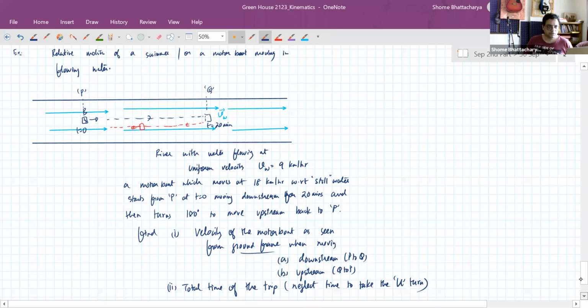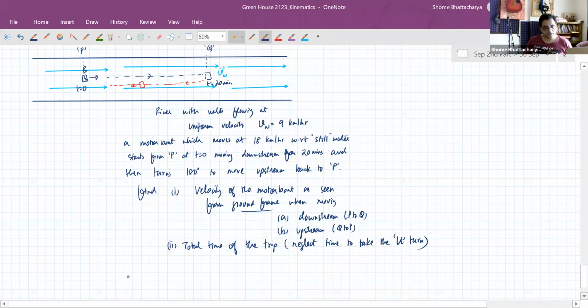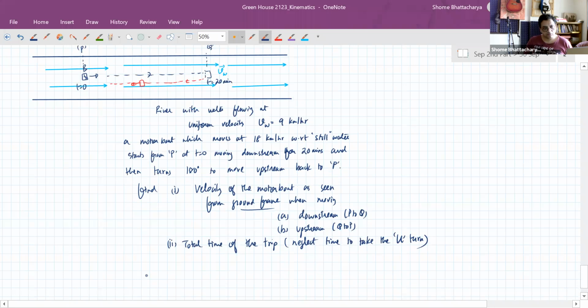Here the concept we'll be applying is that the velocity of the boat relative to water has magnitude of 18 kilometers per hour.